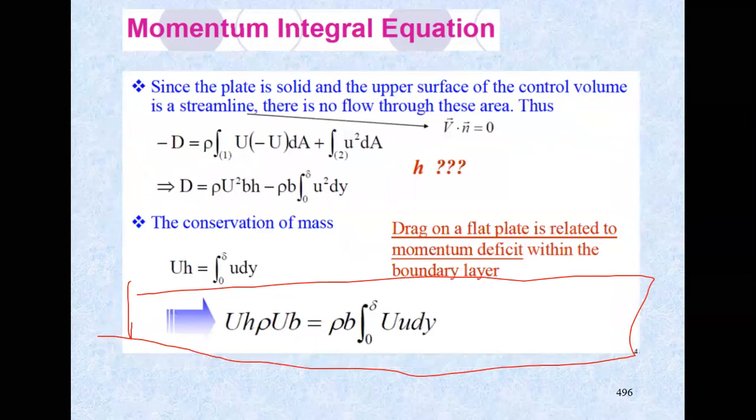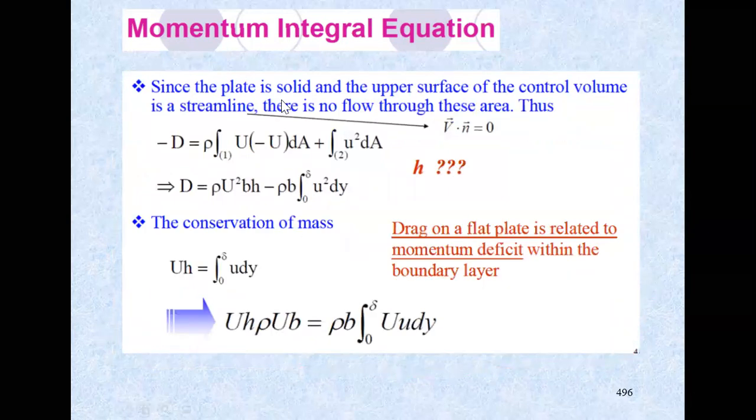So this is your drag force, and since the plate is solid and the upper surface of the control volume is streamlined, there is no flow through this area by the wall. So there is no flow in the vertical direction, only in the x direction.